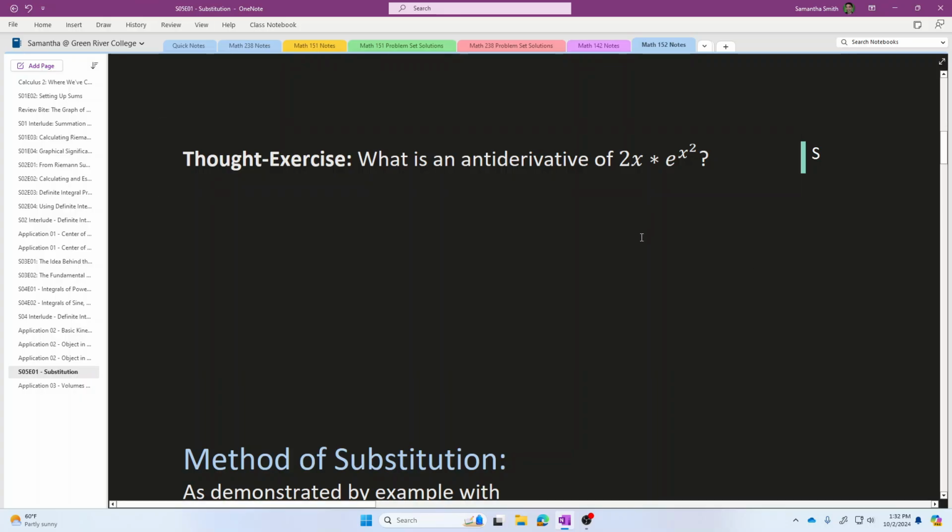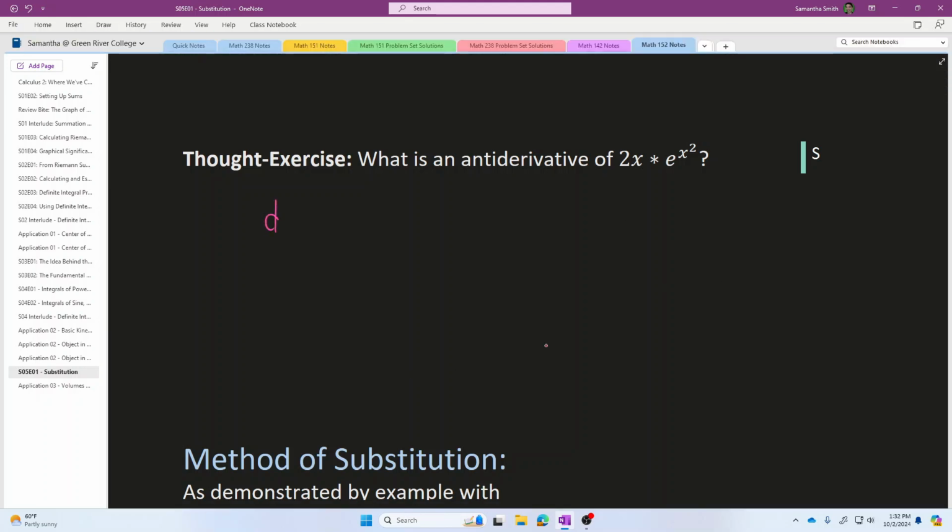But what if I was asked to find an antiderivative of a function like this one, which contains the product of 2x and e to the x squared? You may recall that if I wanted to find the derivative of the function e to the x squared, the derivative of a composition like that, using chain rule, would contain a product in the result.